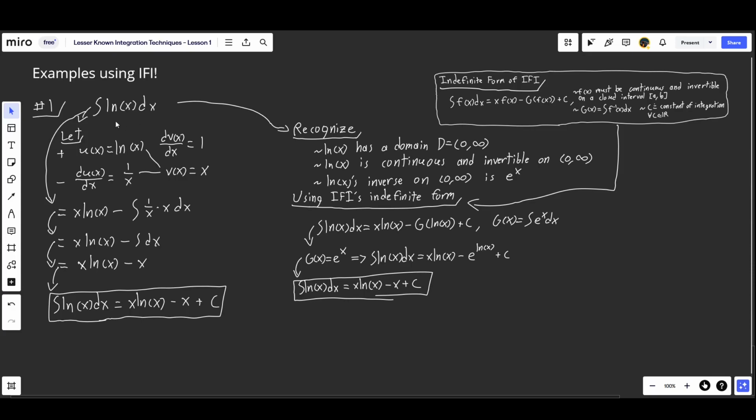We've now shown two different ways to evaluate this indefinite integral. However, in my opinion, both techniques seem to be of the same usefulness for evaluating this particular indefinite integral. So let's take a look at another indefinite integral that is perhaps more suited to be handled using inverse function integration.